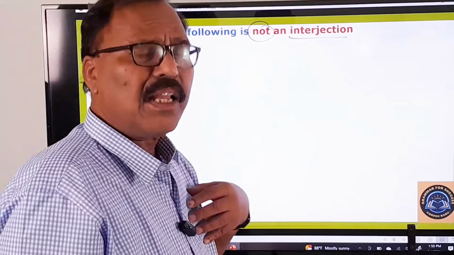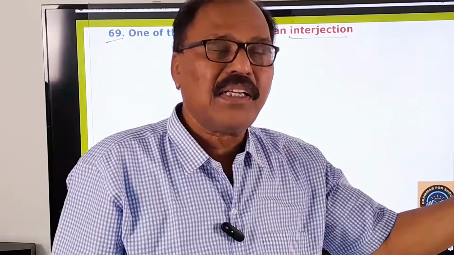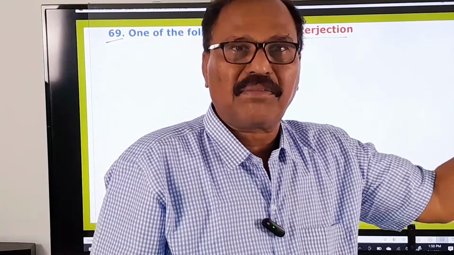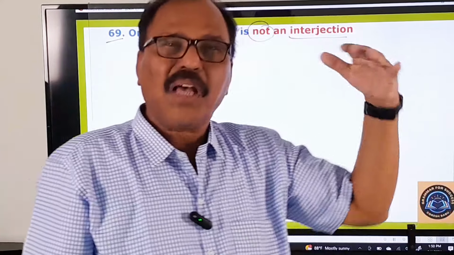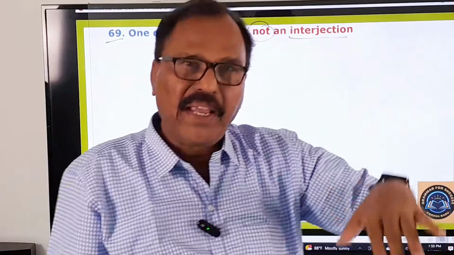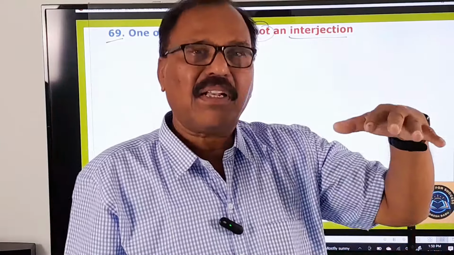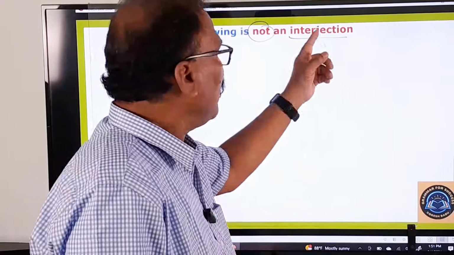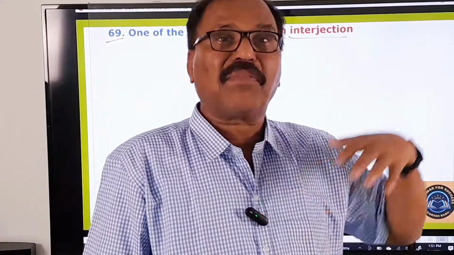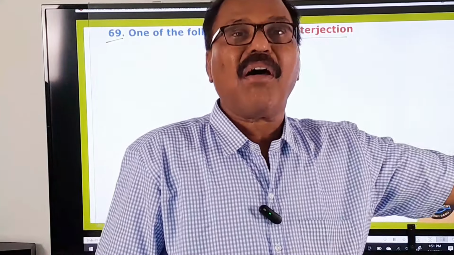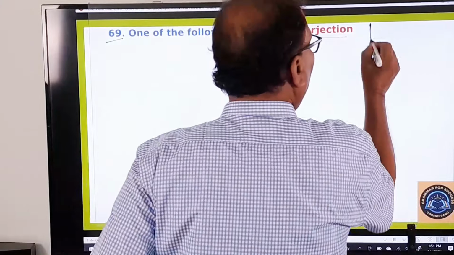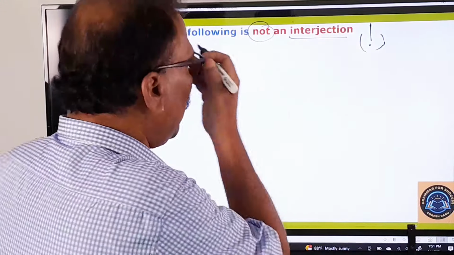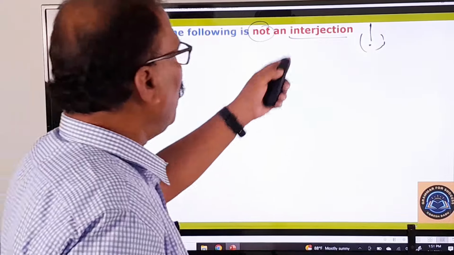An interjection is a word which expresses some sudden strong feeling like joy, sorrow, grief, pain, surprise, fear, etc. These are all strong feelings. Another important point about interjection is, they are always followed by an exclamation mark. That's a punctuation mark.